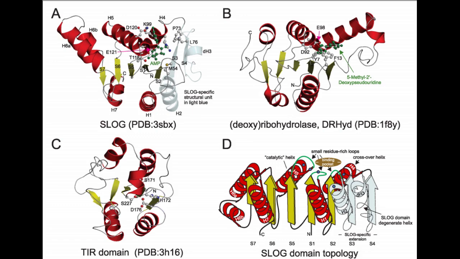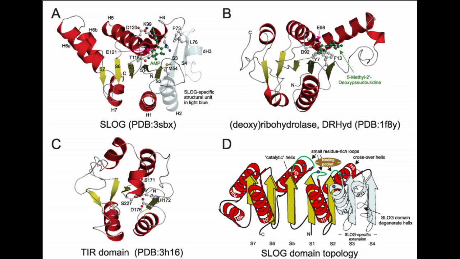And in some other cases, in the utilization of NAD, like members of, we were able to unify SLOG with TIR and another family, the deoxyribonucleotide hydrolases, the DRHyd for short, superfamily.